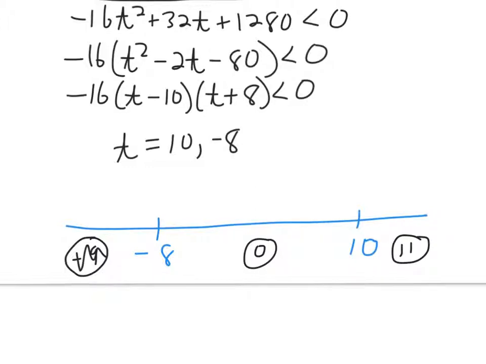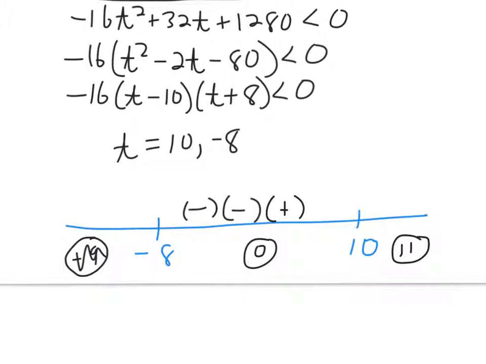And when we plug these in, let's start with the 0. We have to remember, we have to use this whole expression here, including that negative 16. So you have negative 16, that's negative, times, and then when you plug a 0 in here, you get 0 minus 10, so that's another negative. And then when you plug 0 in here, you get 0 plus 8, so that's positive.